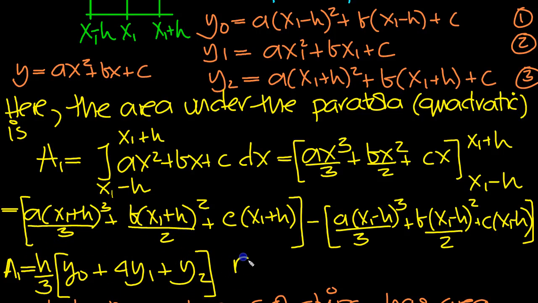So this would be the right hand side, and we're working out the terms with c in. So h over 3 (y0 plus 4y1 plus y2). y0, so there's a c there. 4y1 is 4 c's, and then y2 is another c. So in total you've got 6 c's. So the right hand side is just 6ch over 3.